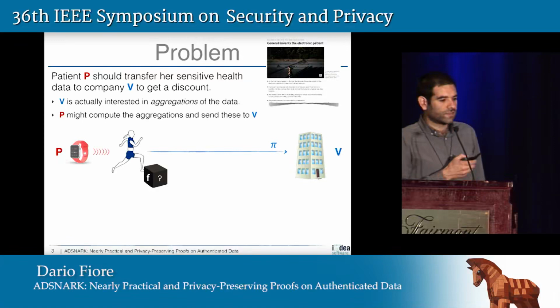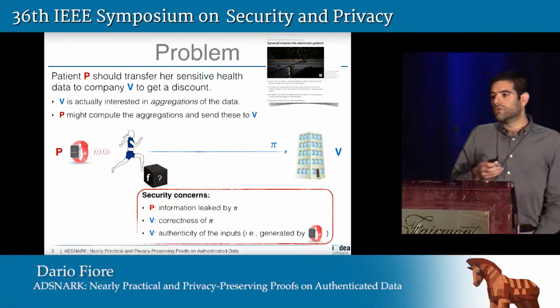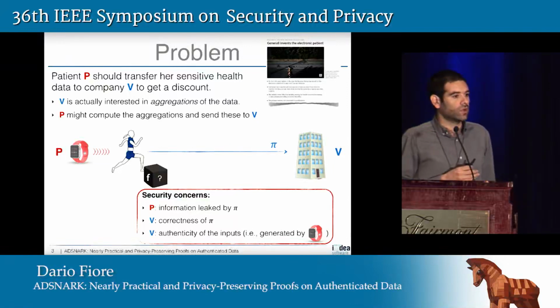The first one is that the patient wants to be sure that if this aggregation is given to the company, it should not leak more information than its value. So in particular, it should not leak information about the original data.